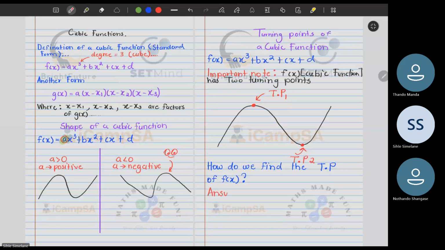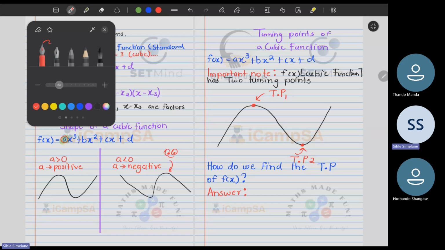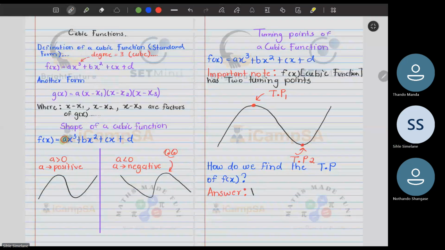What we do is we derive, we find essentially f prime of x, and then equate it to 0, then solve for x.